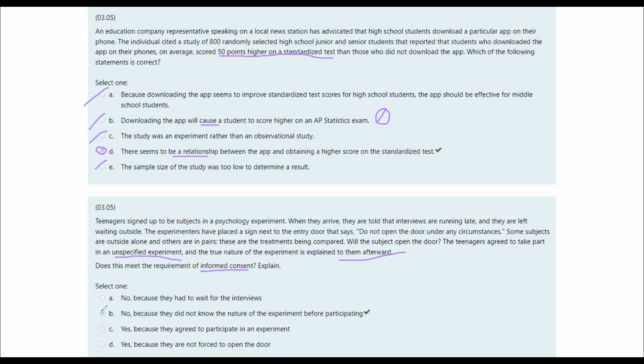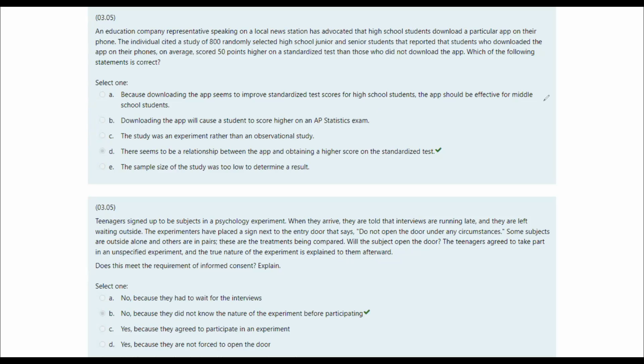It's unspecified, so it does not meet the requirements. Of course, they voluntarily did it. That's one thing. They had a choice, but the thing that makes it not meet informed consent is the fact that it was unspecified. All right? Got 3 more to do, right?